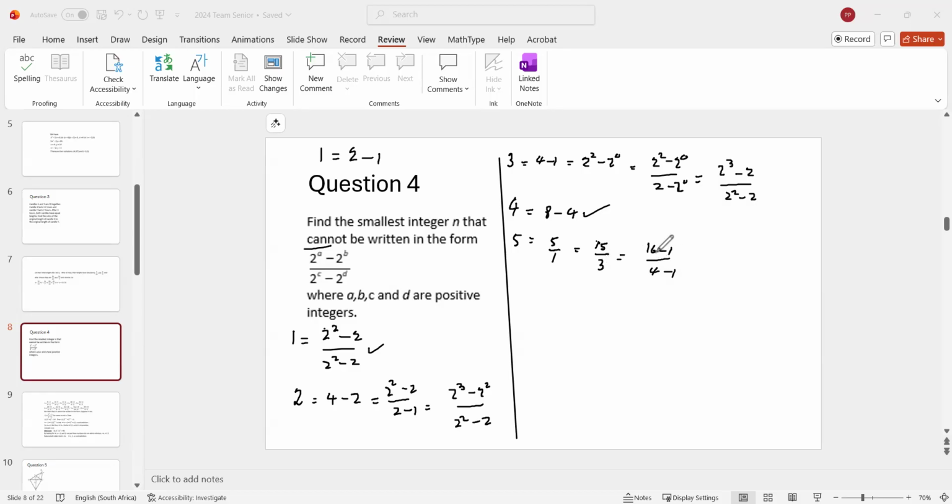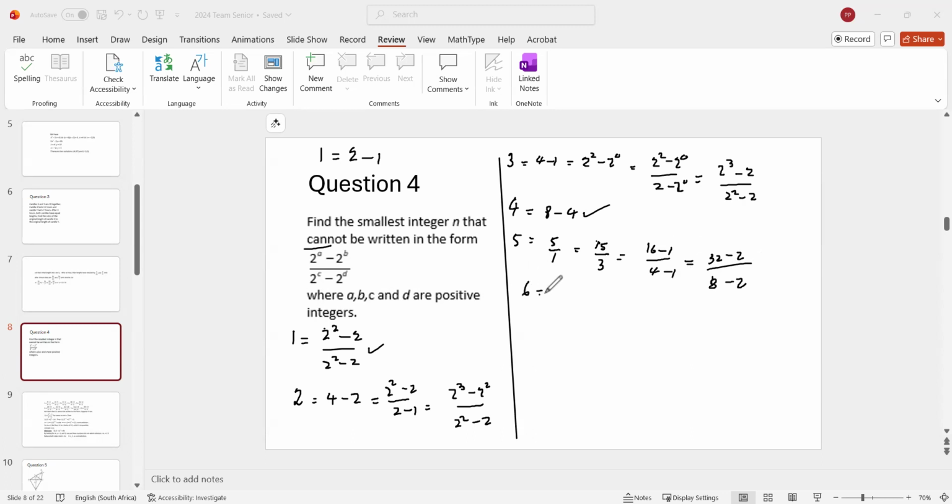And once you do that, then the rest follows, because this is 2 to the power of 4. I don't want a 1, so I can multiply both numerator and denominator by 2, and there you are. So 5 can be done.